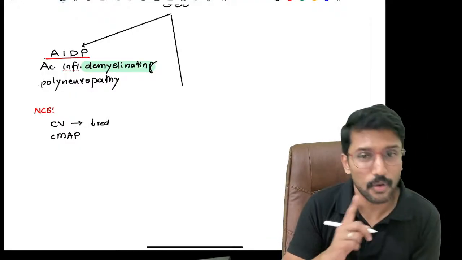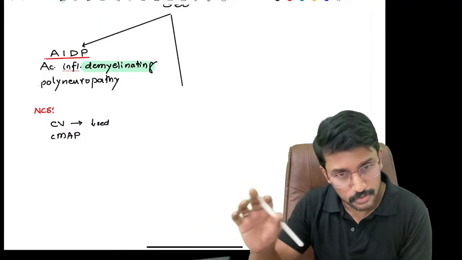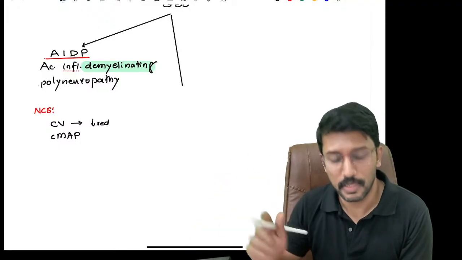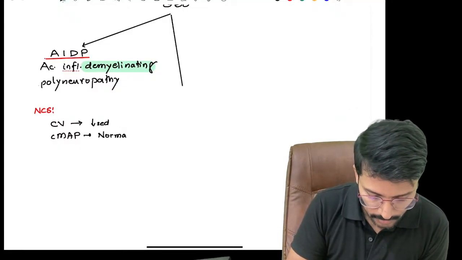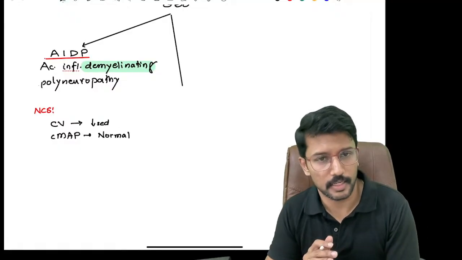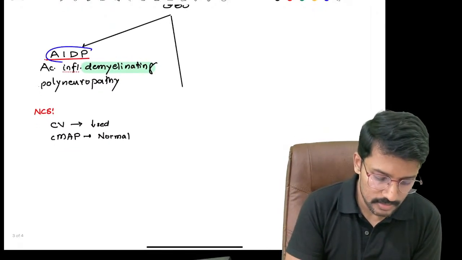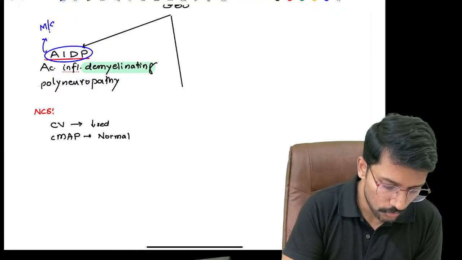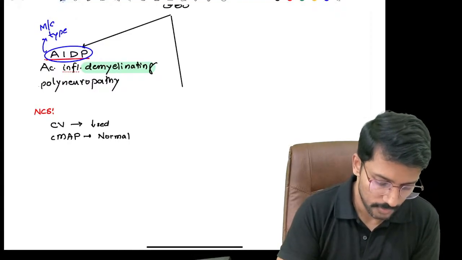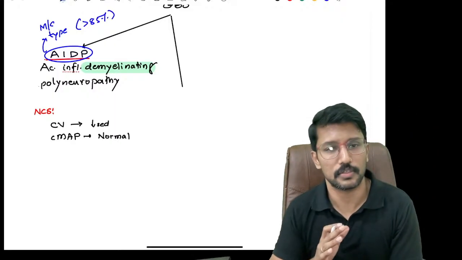But voltage is not lost. All the voltage that we have given in the nerve conduction study has gone to the muscle. So the compound muscle action potential will be normal, right? That will be normal. This is the typical picture of AIDP. Okay. Now, point to note here is that AIDP is the most common type of GB syndrome, and this accounts for more than 85% of cases of GB syndrome.